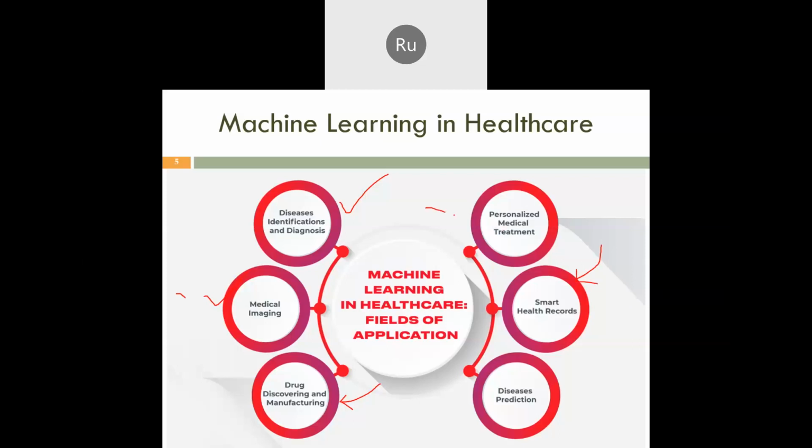Okay, we can personalize medical treatment based on individual health condition. Okay, and we can do some disease prediction as well based on external data, internal data that we can combine. Okay, so this is in healthcare.